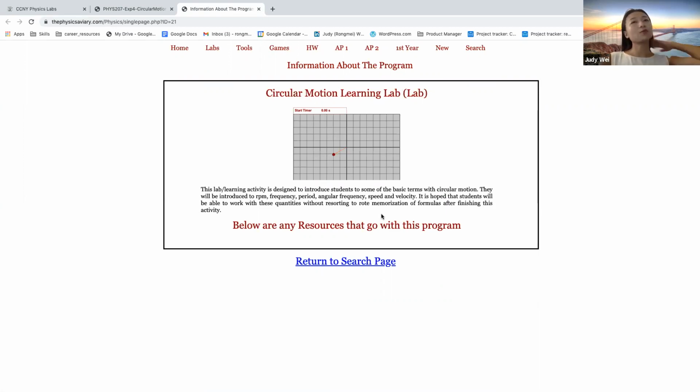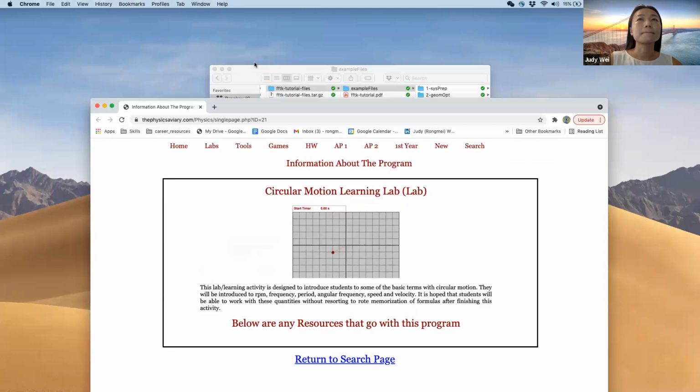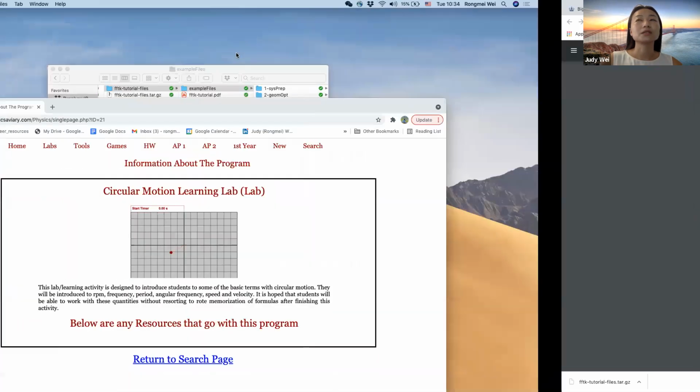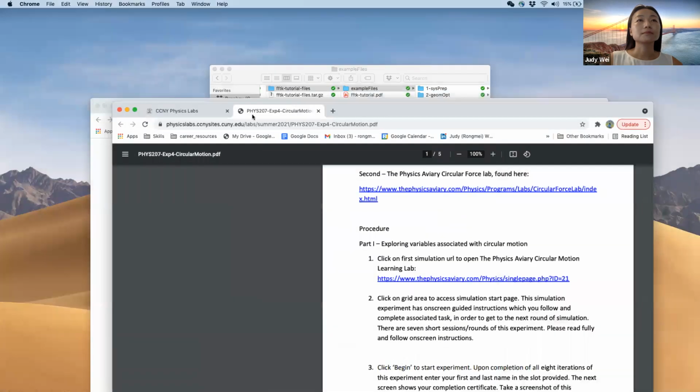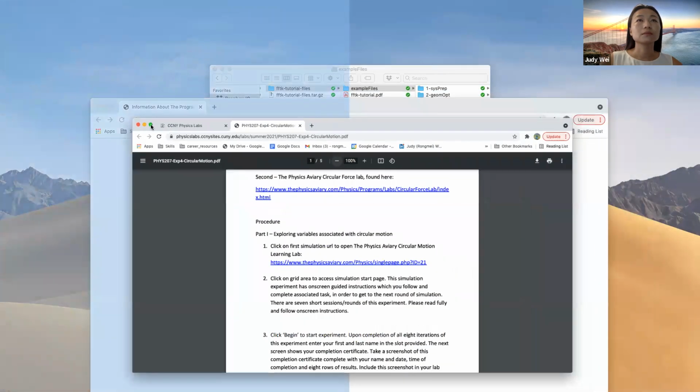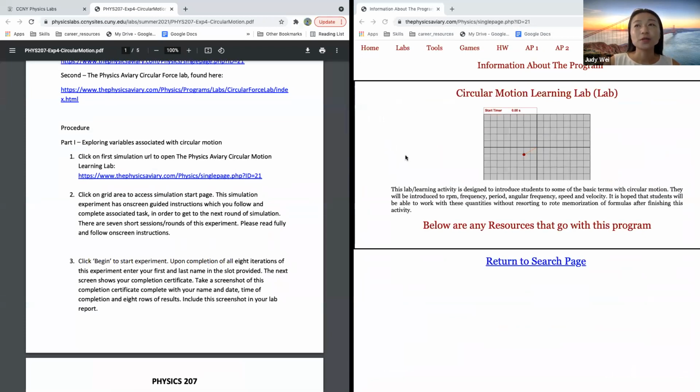So we can see what we have here. What we do is just follow the instructions: click on the grid area, access the simulation start page.